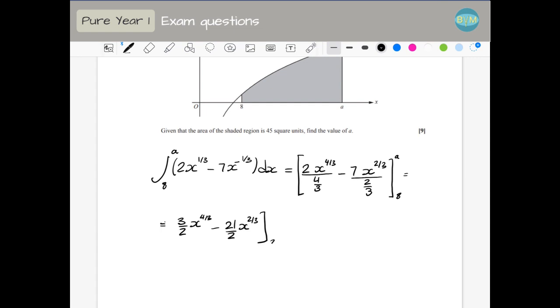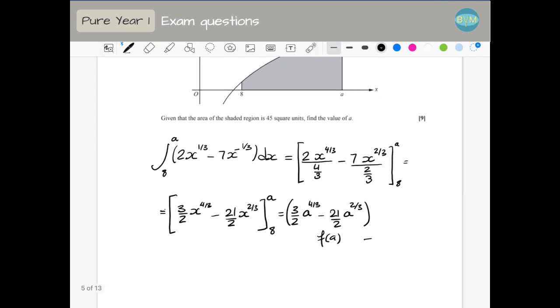And now I can substitute the 8 and the A. I start with A first: 3/2 A to the power of 4/3 minus 21/2 A to the power of 2/3. This is f of A. And now minus f of 8.